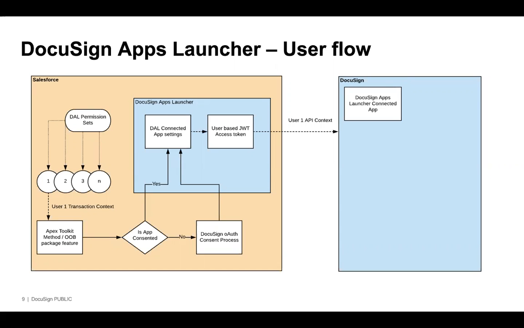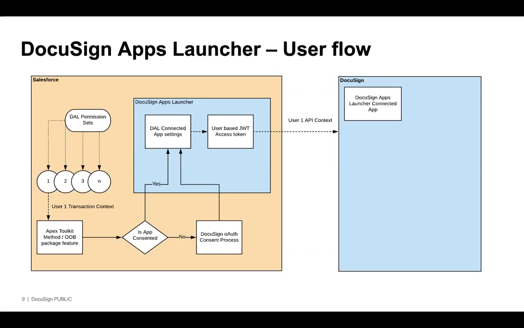A single admin user will log in via the package to a DocuSign account, and then that admin user can add the rest of the Salesforce users whom they deem fit to use this package for their business organization. Here we have 1, 2, 3, like n number of user instances who have been assigned the DocuSign Apps Launcher permission set. This is done when the admin adds them via the DocuSign setup.